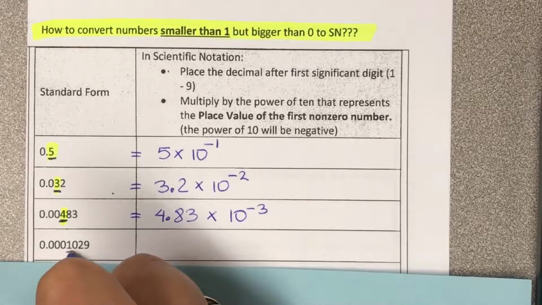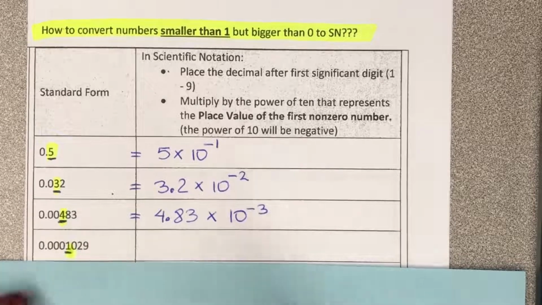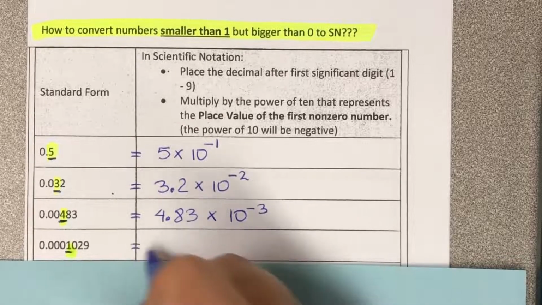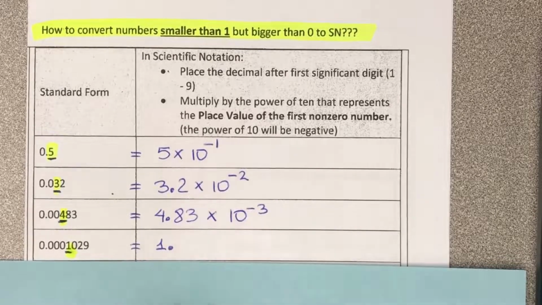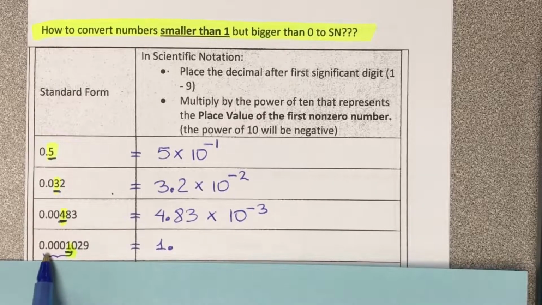0.000, and then 1 is in the fourth place behind the decimal. So that means we place the decimal after the first significant digit, that is not a 0, so the decimal goes after 1. Then we think, okay, that is after the decimal, involving 1, 2, 3, 4 digits.